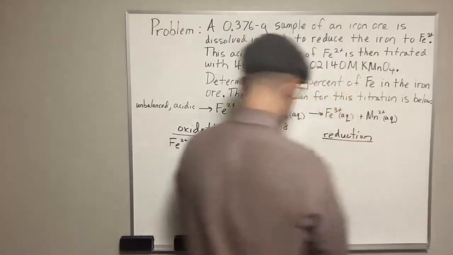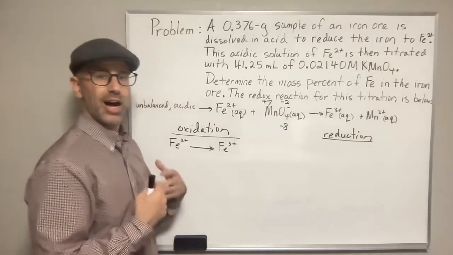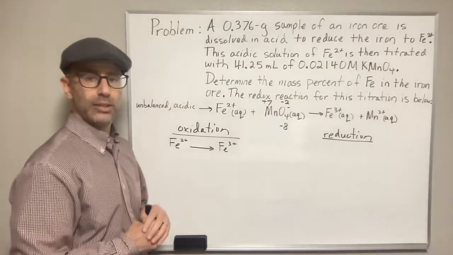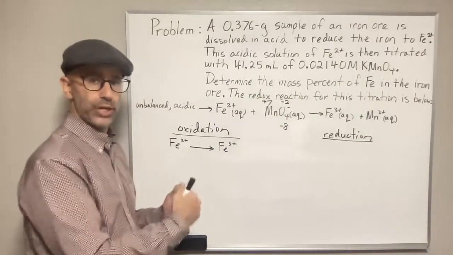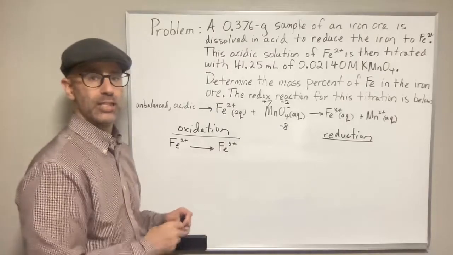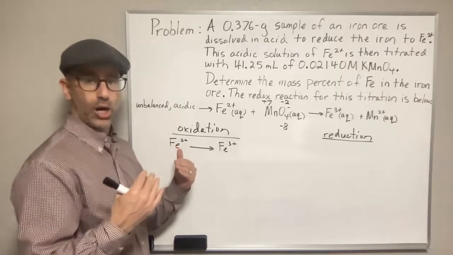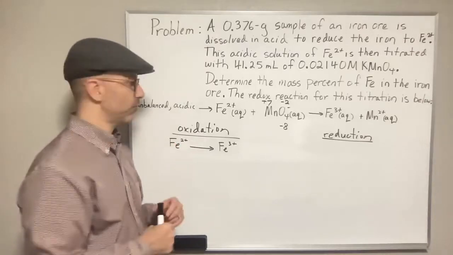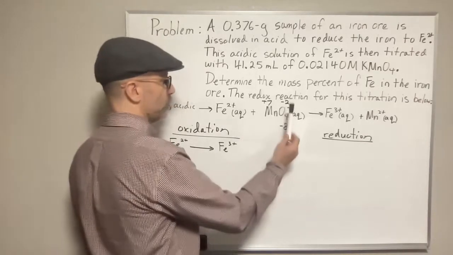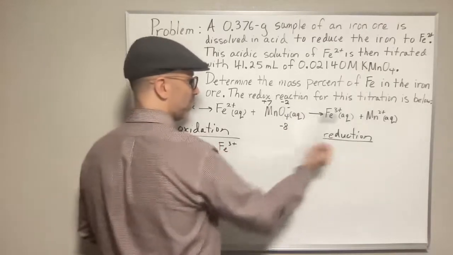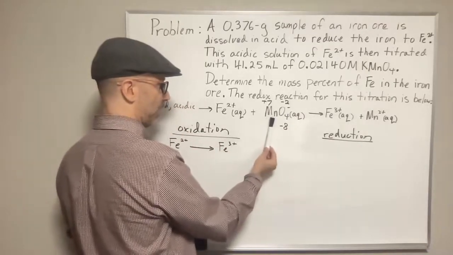Now the reduction half reaction. Reduction is gain of electrons, OIL RIG, so the charge is going to become more negative. We're looking for more negative or less positive. Oxygen we don't really have anything to compare it to, so we're looking at manganese.